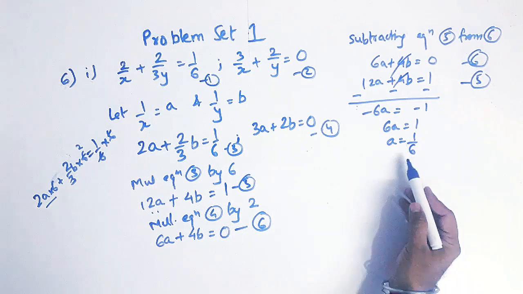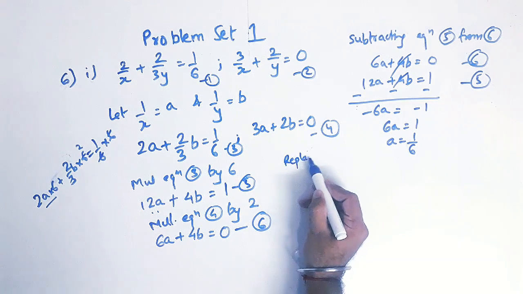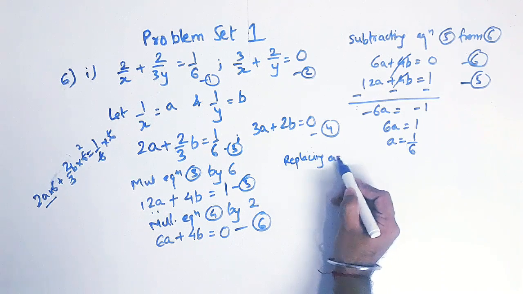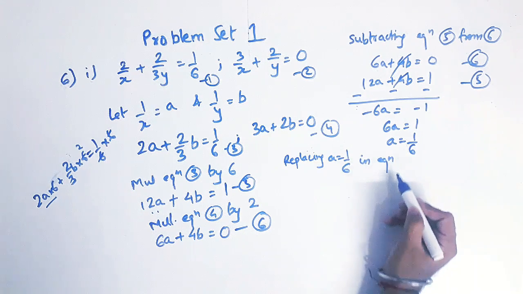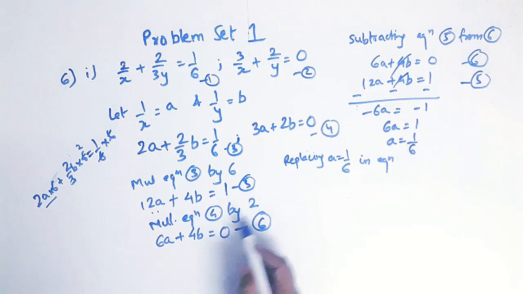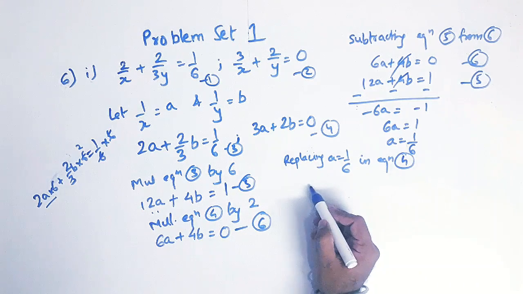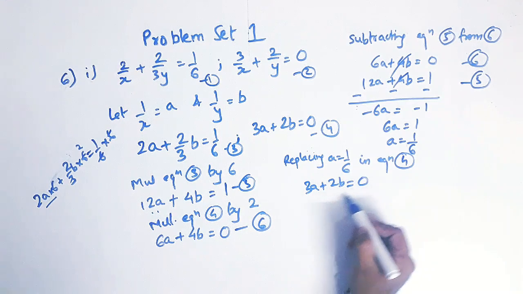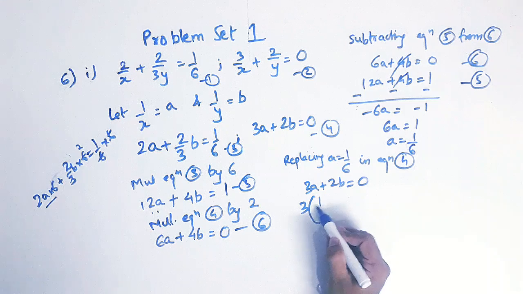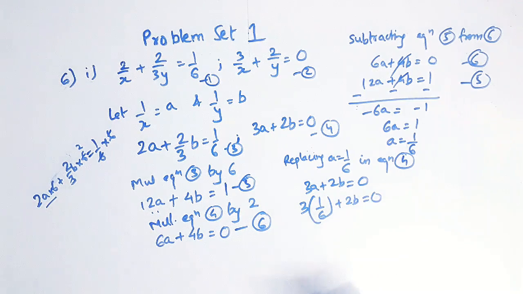Now with the help of a we can find what is b. So replacing a equals 1 upon 6 in equation, which equation I'll take? I'll take the simple one, the fourth one. So 3a plus 2b equals 0. A I'll place as 1 upon 6, plus 2b equals 0.